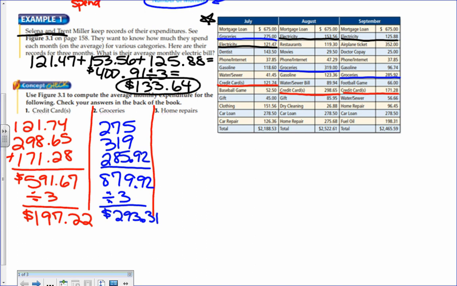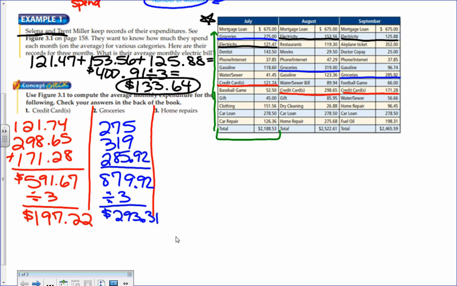All right, last one, home repairs. Let's look at July. If you look at this budget, where are the home repairs in July's budget? Is it hiding in different wording?